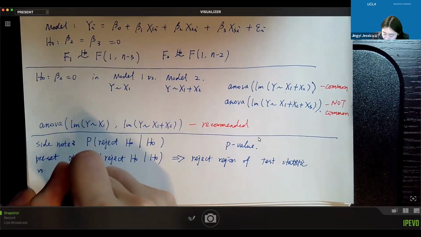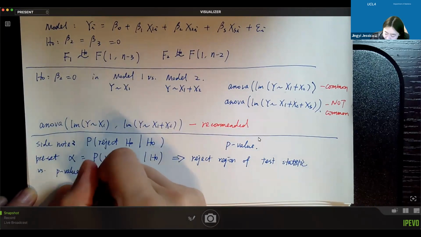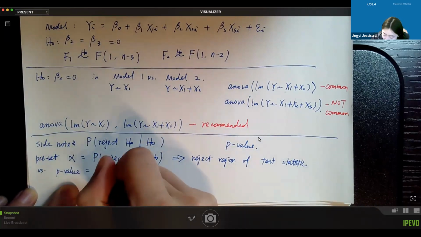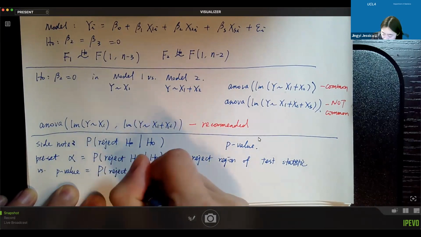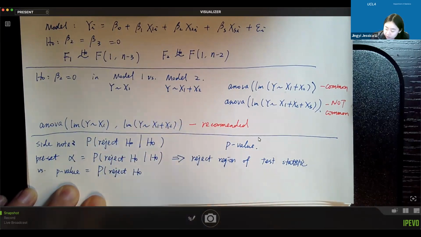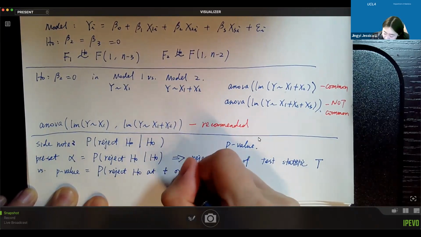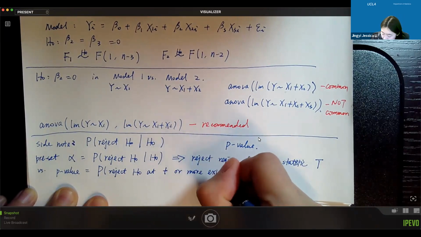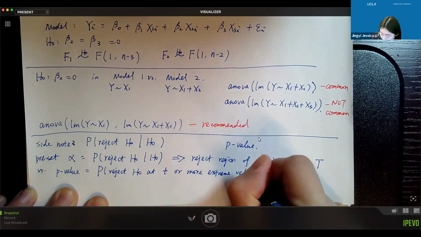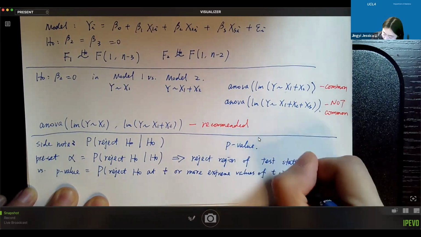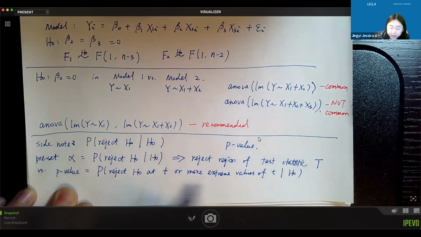Versus the p-value, which is the probability that if you reject the null hypothesis at the observed t, let me call this test statistic with capital T for the random test statistic value, and if we reject H0 at t or more extreme values of t under the null hypothesis, that will be the p-value.